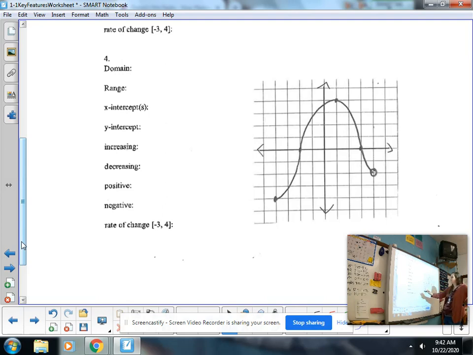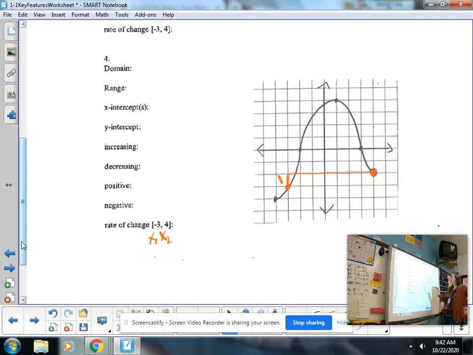So if we're doing this part, remember this is my x1, this is my x2. 1, 2, 3. -3 is down here. 4. 1, 2, 3, 4. 4 is up here. I know it's an open dot, but we are counting our rise and our run to go from one dot to the other.